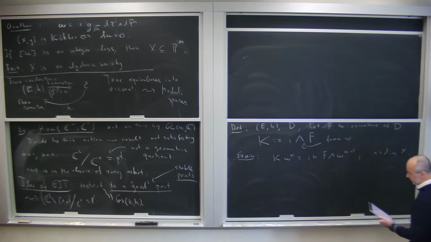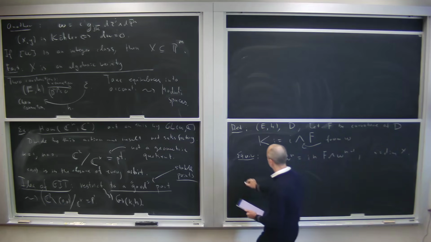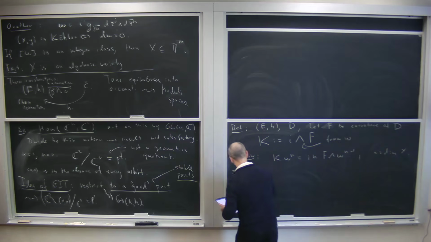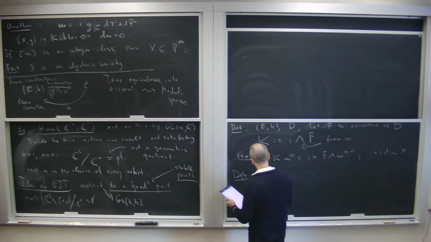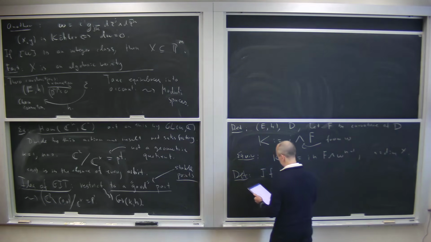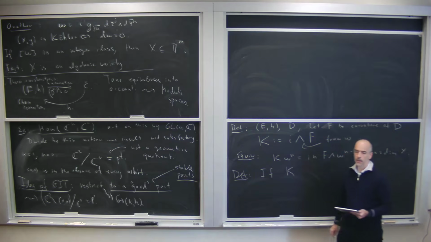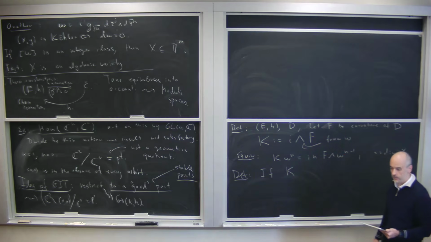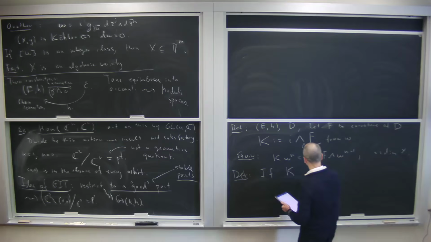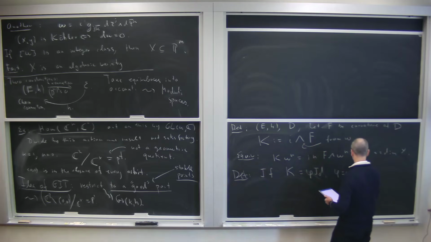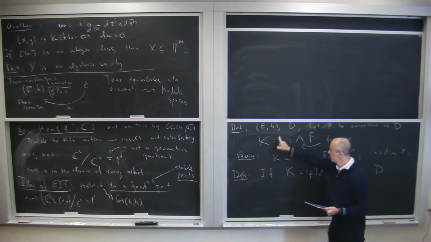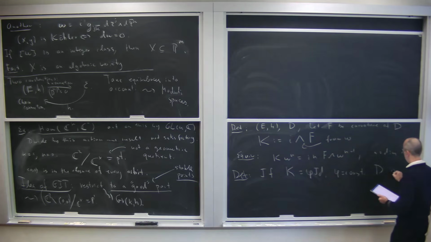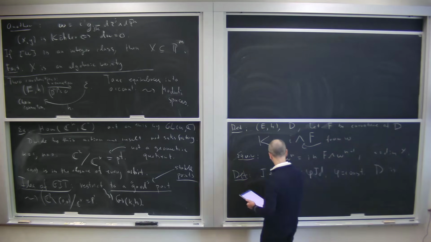And so now I can finally give the most important definition that I think was in the title of my talk. If K, which is just a section of the endomorphism bundle, is equal to phi times the identity, where phi is a constant number, then D is called, so remember K is the mean curvature, D is called a Hermitian-Einstein connection.